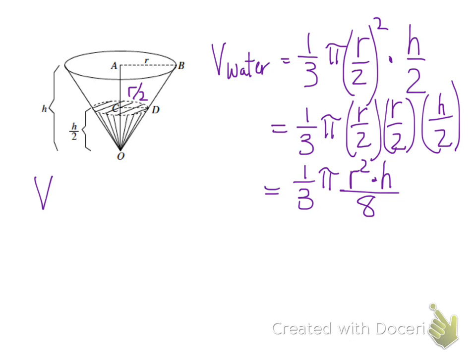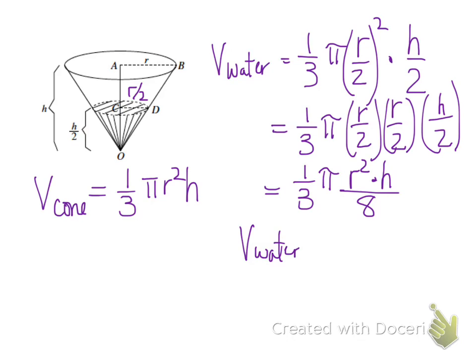Okay, and the volume of the entire cone is equal to, this one's easy, right? 1/3 pi r squared times h. So how do those two compare? What would the ratio of those two to one another look like? Okay, so I'm going to rewrite this volume of water.